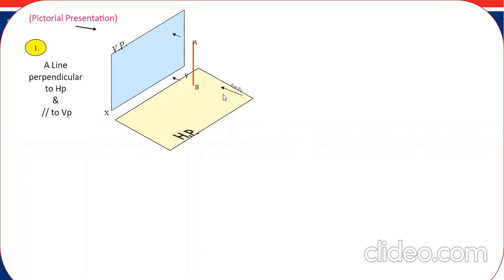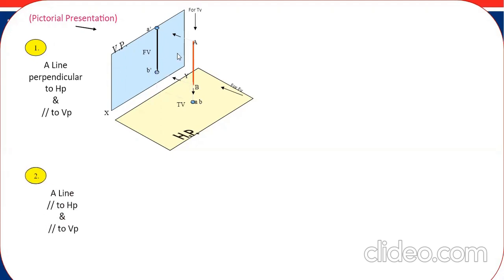Front view we get on the vertical plane as a straight line, the actual length of the line, and in top view, just one point, AB. This is the top view, and this is the front view of line AB, a line perpendicular to HP and parallel to VP.